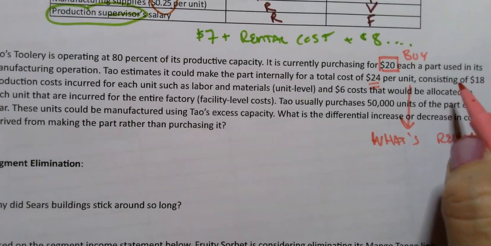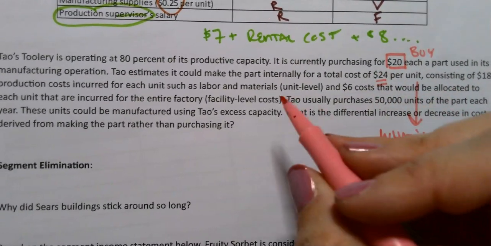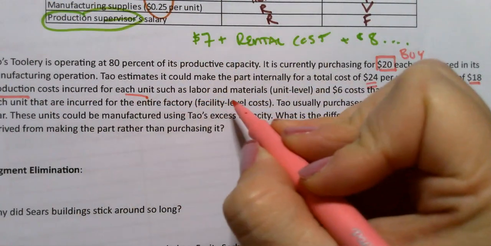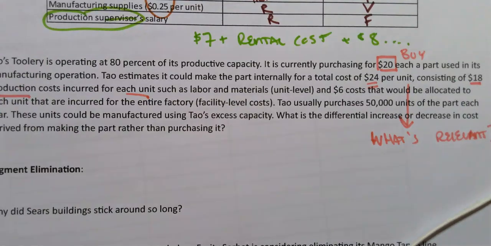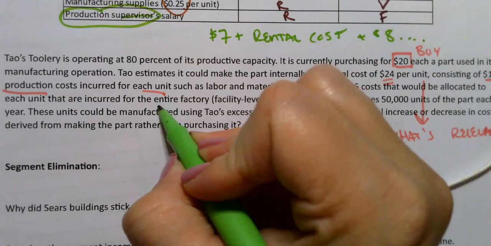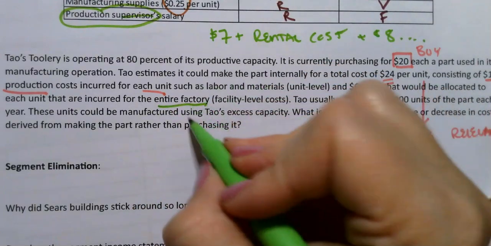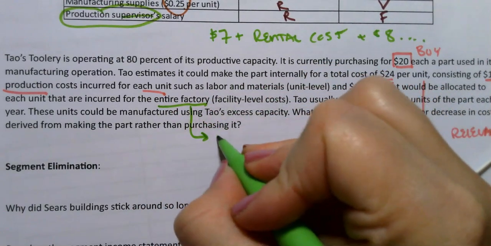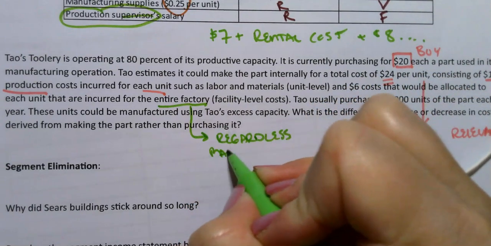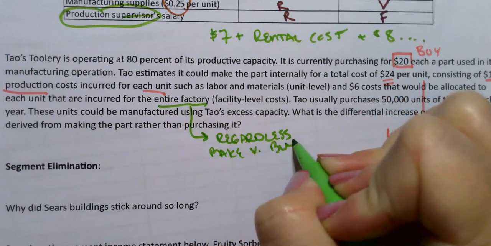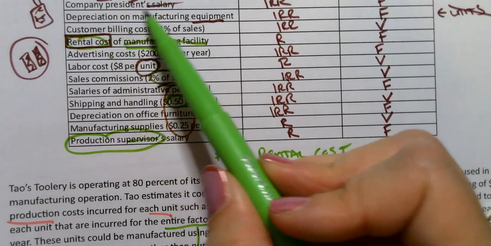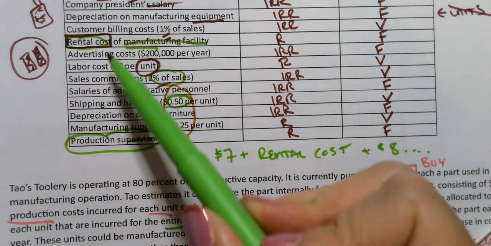This $24 that they're paying to make their units consists of $18 production cost incurred for each unit, such as labor and materials, and $6 that would be allocated to each unit incurred for the entire factory, facility level cost. These costs would be incurred regardless of if they make or buy. Maybe it goes back to our depreciation, or maybe it goes back up to a president of some sort.